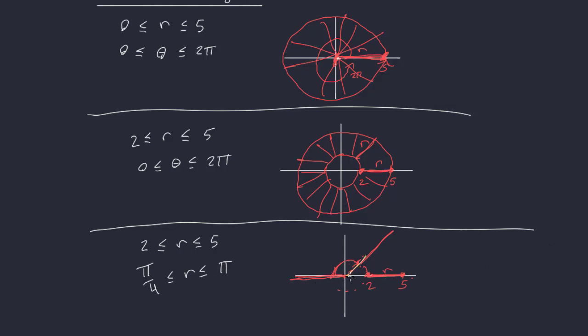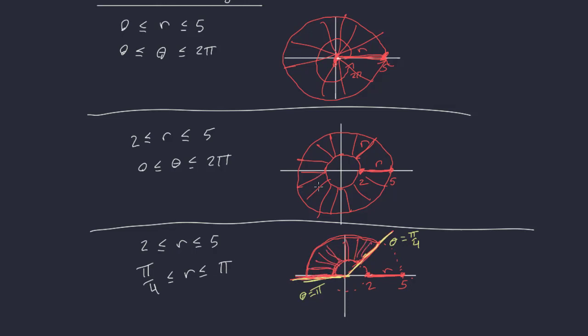So I should probably use different colors there for the angles. Right, so here's theta equals pi over 4, and here's theta equals pi. And r, going from 2 to 5, will be basically this portion of a donut here.